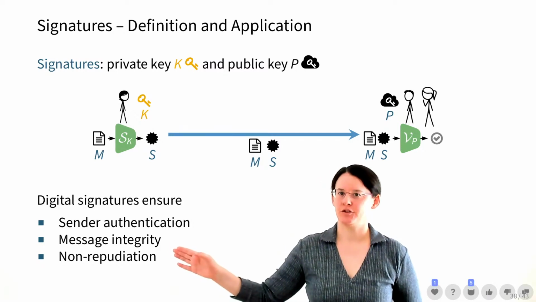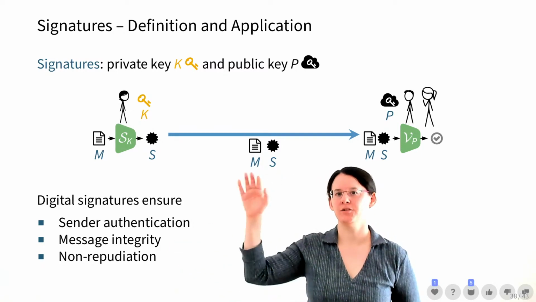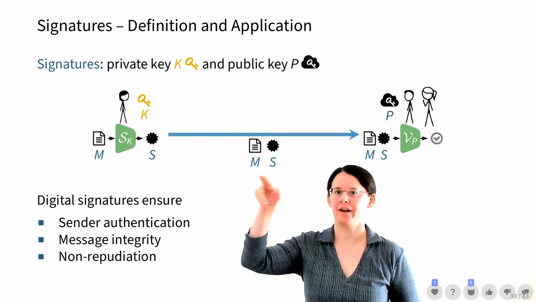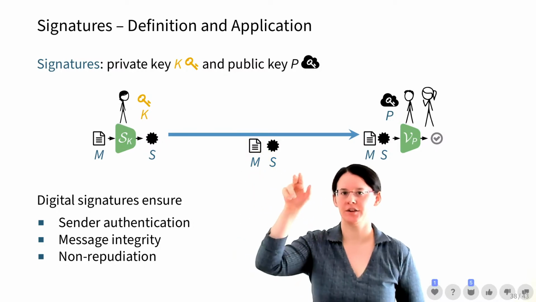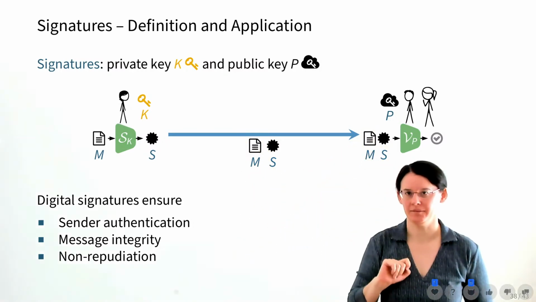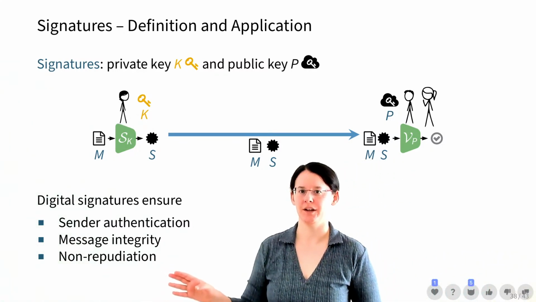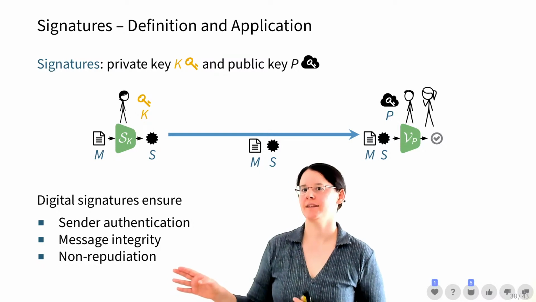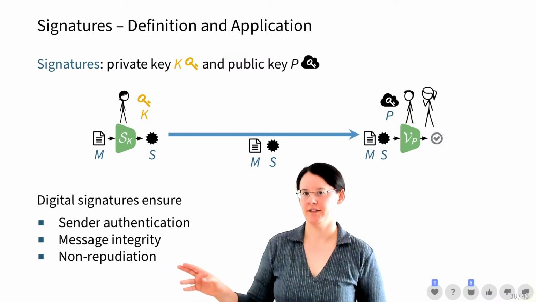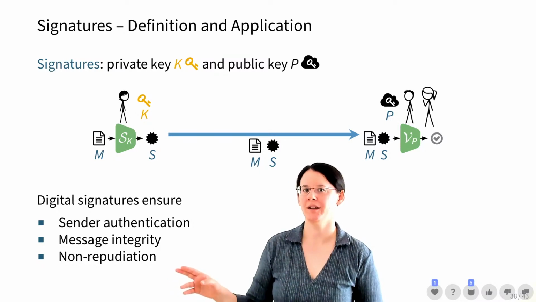We know that the message wasn't changed because nobody else who doesn't have the private key could have generated a valid signature that can be verified with the public key. And since only Alice has the private key, we also have non-repudiation, which means Alice cannot deny that she signed this message because nobody else could have done it.